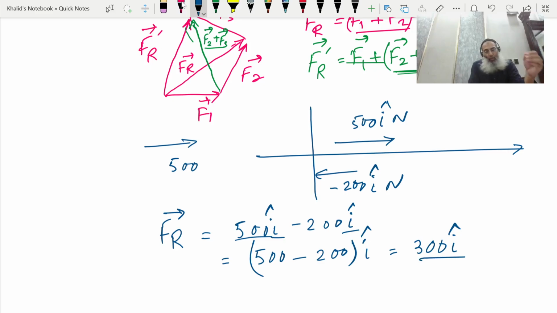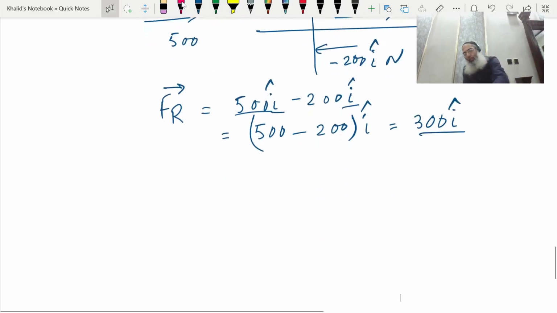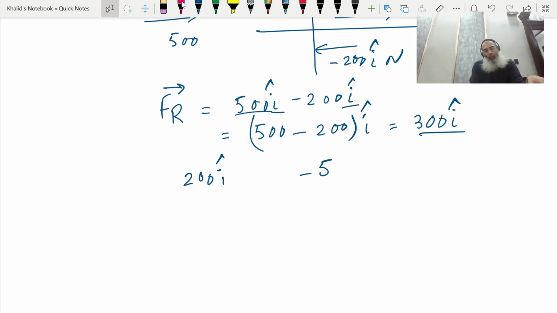A common error is that sometimes students subtract the smaller magnitude from the larger, but forget to state the resultant sense. For example, if I have 200 Newton i cap minus 500 Newton i cap, what is the resultant?